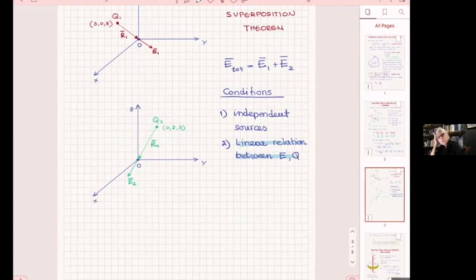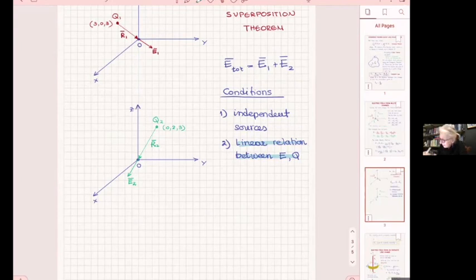So voltage, for example, as we will see later, is linearly related to a current, all right? Voltage is IR, Ohm's law. But power is not linearly related to the current. Power in circuits is VI.